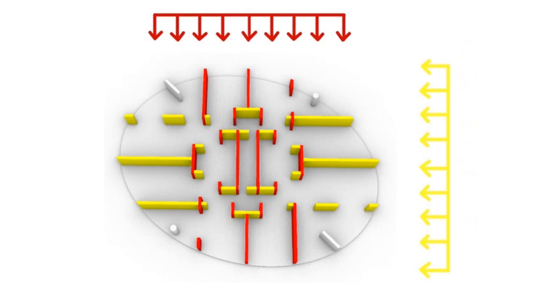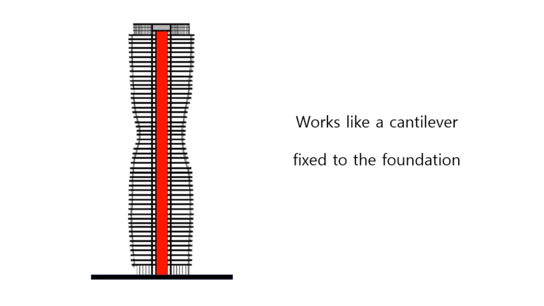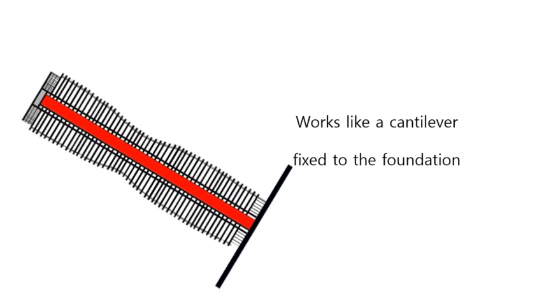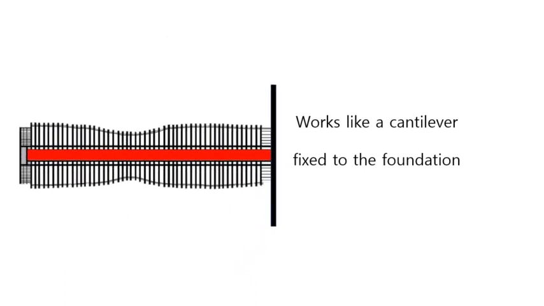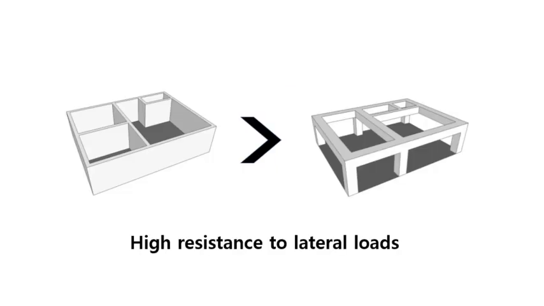The overall operation looks like this. These fixed shear walls operate horizontally in each slab, acting like a cantilevered beam anchored to the ground. This shear wall can resist 4 to 20 times bigger horizontal load compared to a normal rigid frame structure without shear walls.